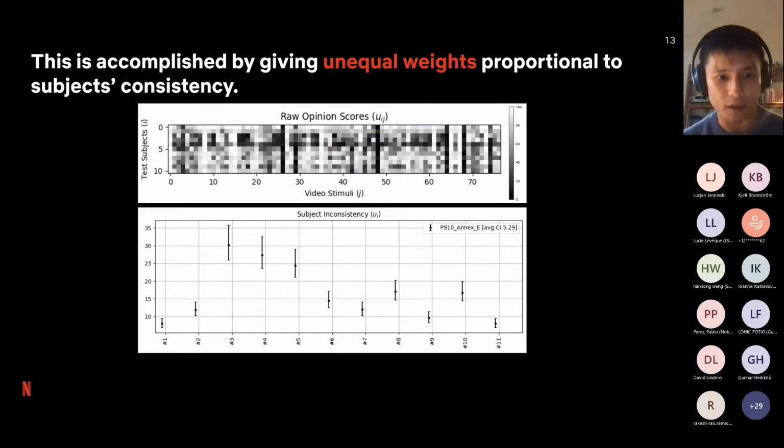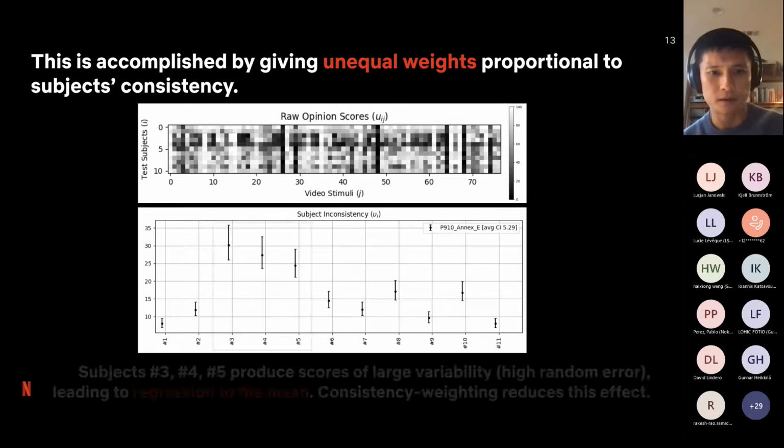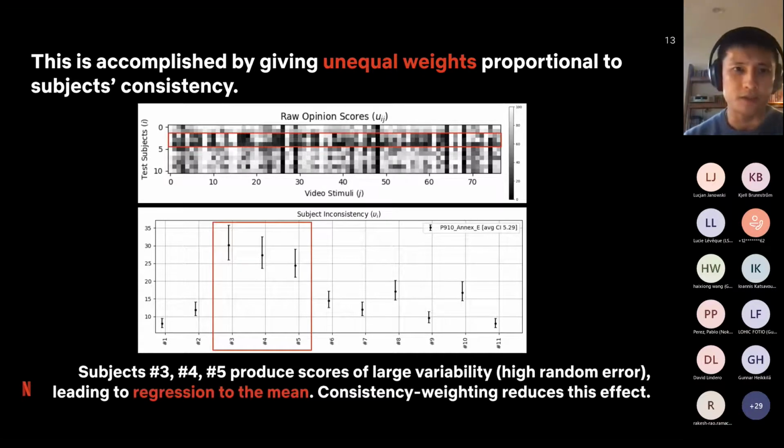So as we dig deeper into this, we look at more visualizations. What we found is that this is actually accomplished by the method giving unequal weights proportional to the subject's consistency. You can see from this visual example in the upper graph, it shows the raw scores presented in a two-dimensional matrix with the color representing the different scores. Just by inspecting the scores, you can see there are 3 subjects, number 3, number 4, and number 5, who produce scores of quite large variability.